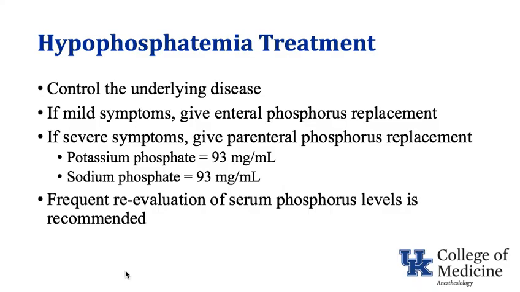If the patient has severe symptoms, typically the phosphorus is replaced parenterally. Potassium phosphate and sodium phosphate are both approximately 93 milligrams of phosphorus for every ml. Frequent reevaluation of serum phosphorus levels is recommended during phosphorus replacement.